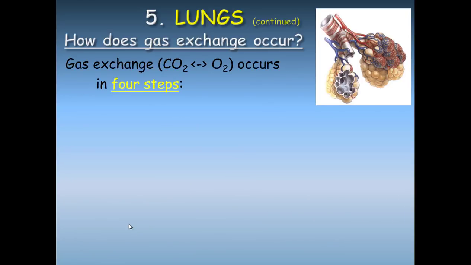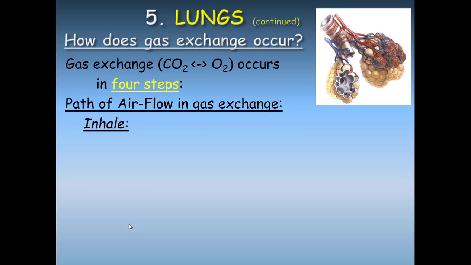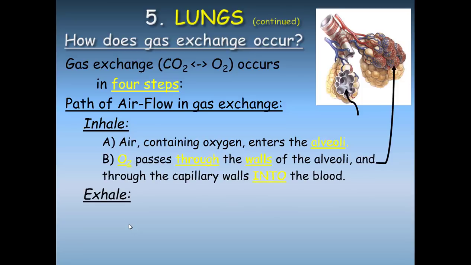Gas exchange occurs in 4 steps, and here's the path of airflow in gas exchange. First, air containing oxygen is going to enter the alveoli, having come in to the lungs through the trachea, through your mouth or your nose. The second step is that the O2, the oxygen, is going to pass through the walls of the alveoli, those one cell thick walls, and through the capillary walls into the blood.